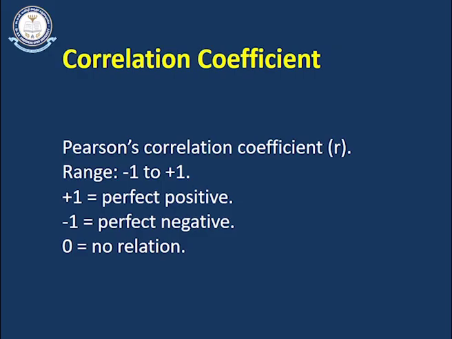Let us look at this term, often used in statistics textbooks. Even in your textbook it is mentioned. It's called the correlation coefficient. And the correlation coefficient can be best represented by the Pearson correlation coefficient, often written with a small r. You can see that in the brackets.